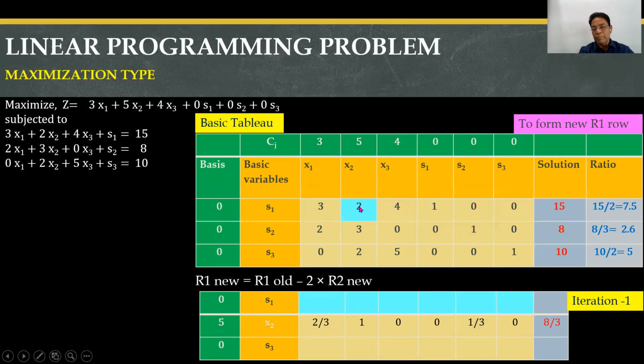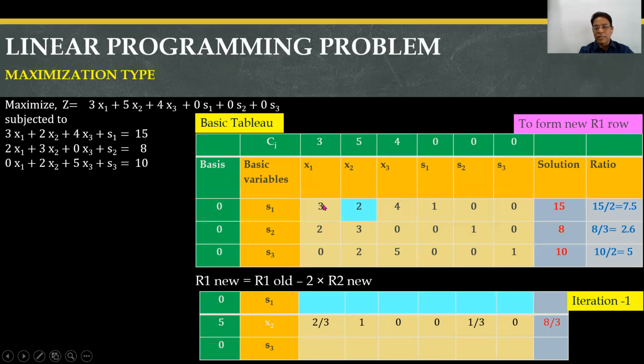This 2 minus 2 into 1 will give us 0. So how do we get that? R1 new equal to R1 old minus 2 times R2 new. So every time the operation has to be performed on this new row.